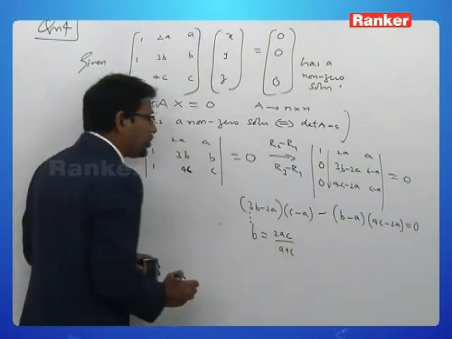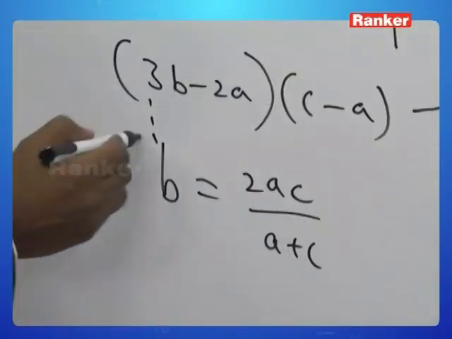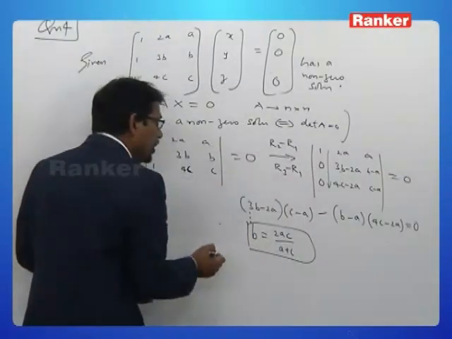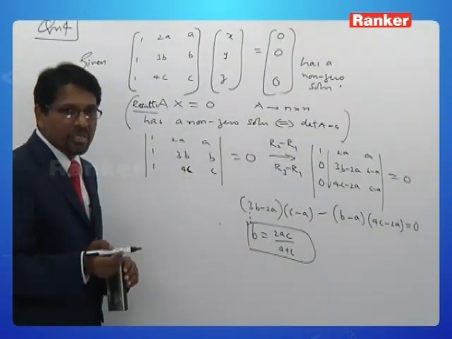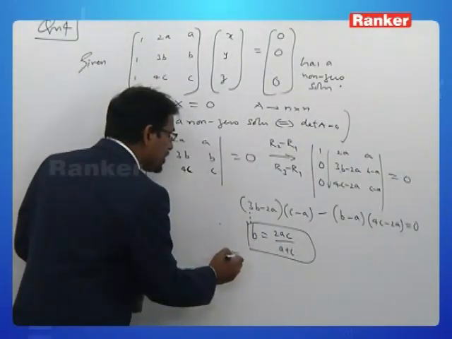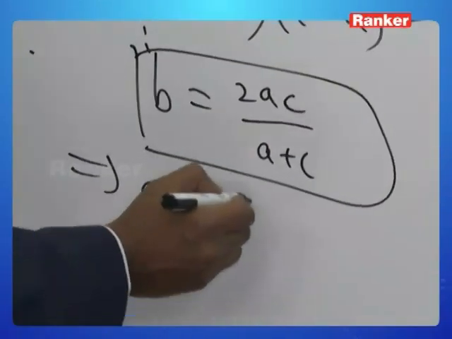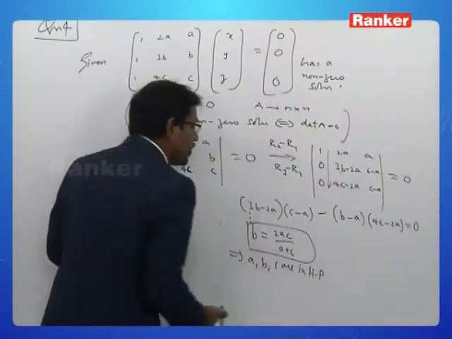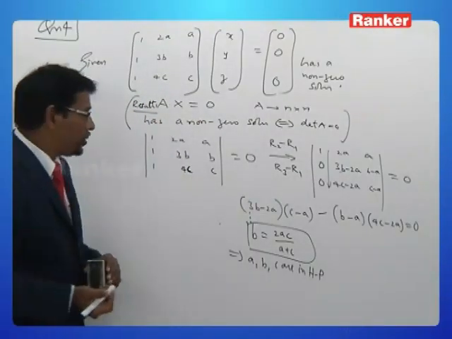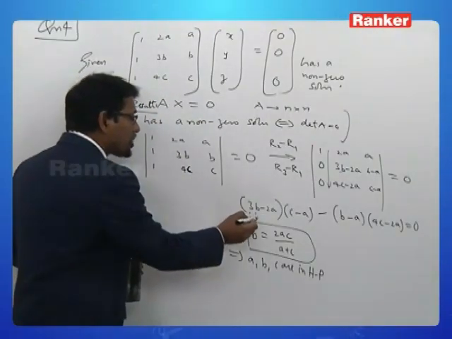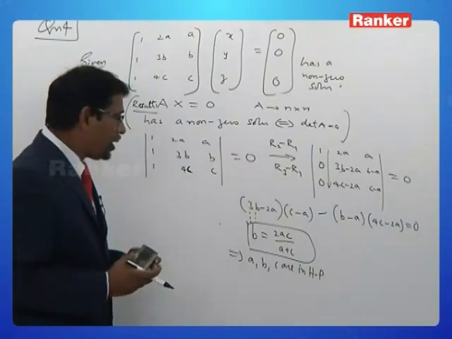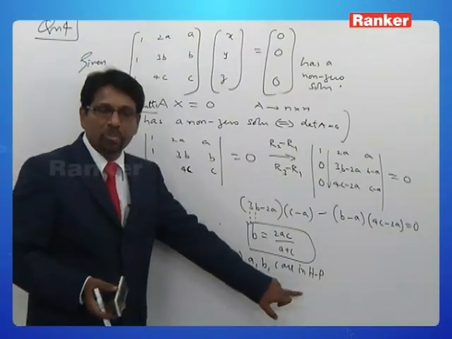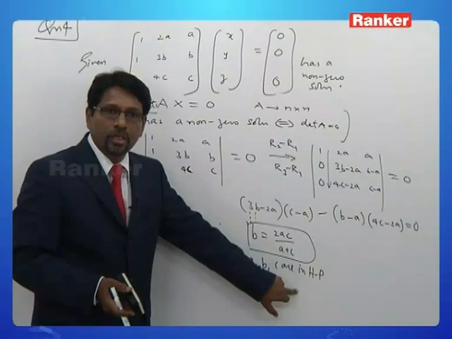With some simple calculation and manipulation, we find that b is equal to 2ac by (a plus c). What does that mean? It implies a, b, c are in harmonic progression.